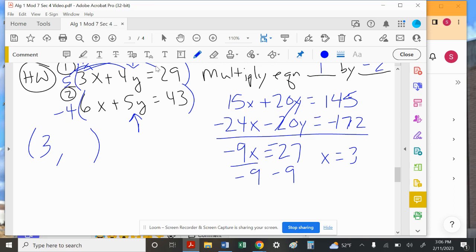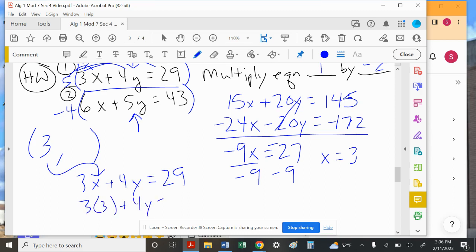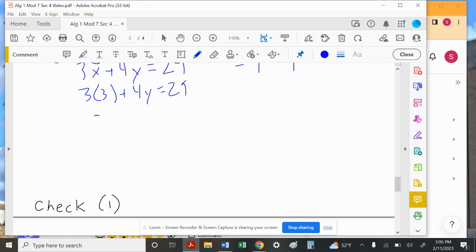But now we want to pick an equation. I'm going to pick the first one because it's got a little bit smaller numbers. So I have 3x plus 4y equals 29. I'm going to plug in for x 3. So I have 3 times 3 plus 4y equals 29. That gives me 9 plus 4y equals 29.